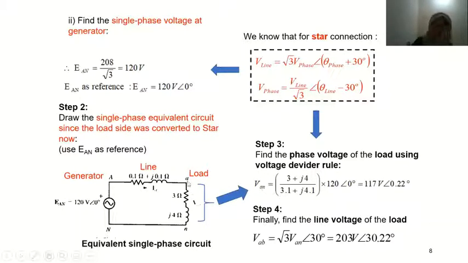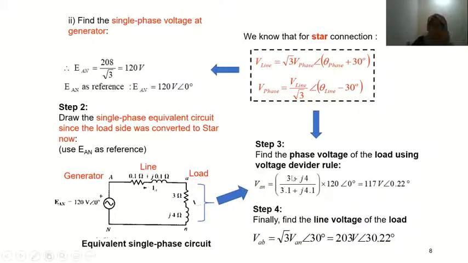We know that Z is 3 plus j4, because your load is now star. When we convert from delta, it becomes 3 plus j4.